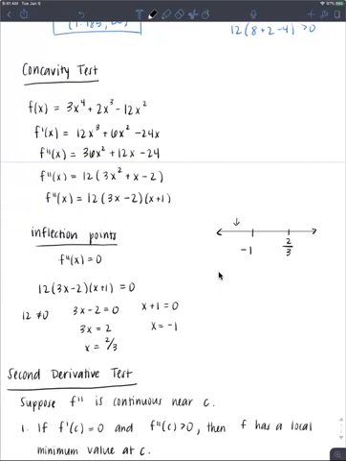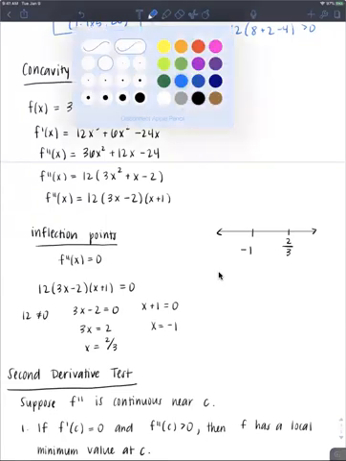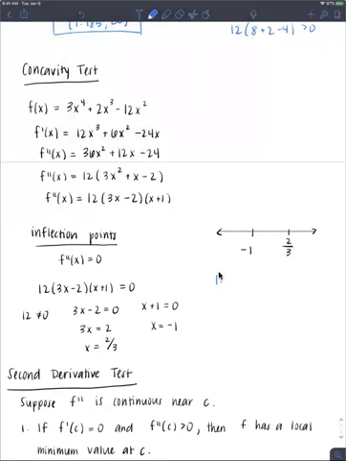I need to test a point here, a point here, and a point here. And if it's positive, it's concave up on that interval, and if it's negative, it's concave down on that interval. And so here, the first point that I'm going to test is x equals -2. And what function am I going to plug it into this time? F prime, or f double prime?